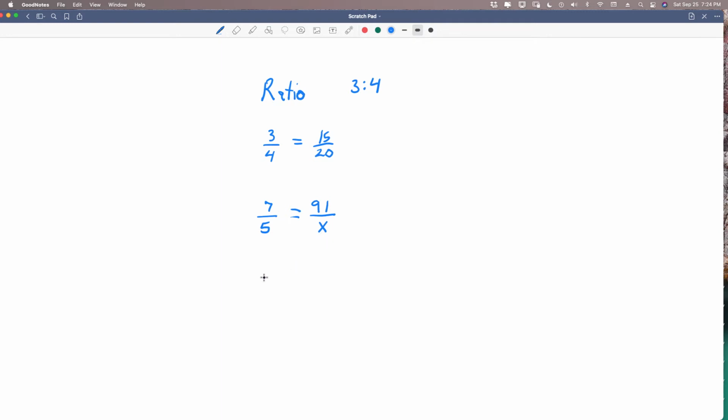So 7 times x would be 7x, and 5 times 91 would be 455. Then we would divide both sides by 7, just like we would with any other equation, and we would have x is equal to 65.